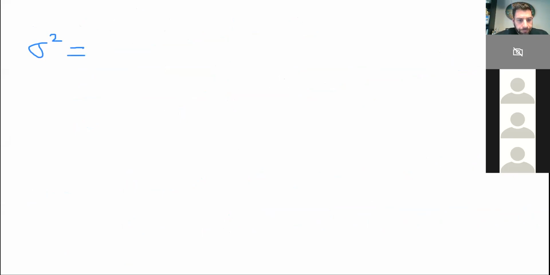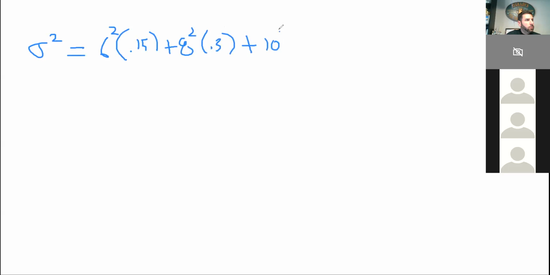So this becomes 6 squared times 0.15 plus 8 squared times 0.3 plus 10 squared times 0.35 plus 12 squared times 0.1 plus 14 squared times 0.1, and then this is minus mu squared.